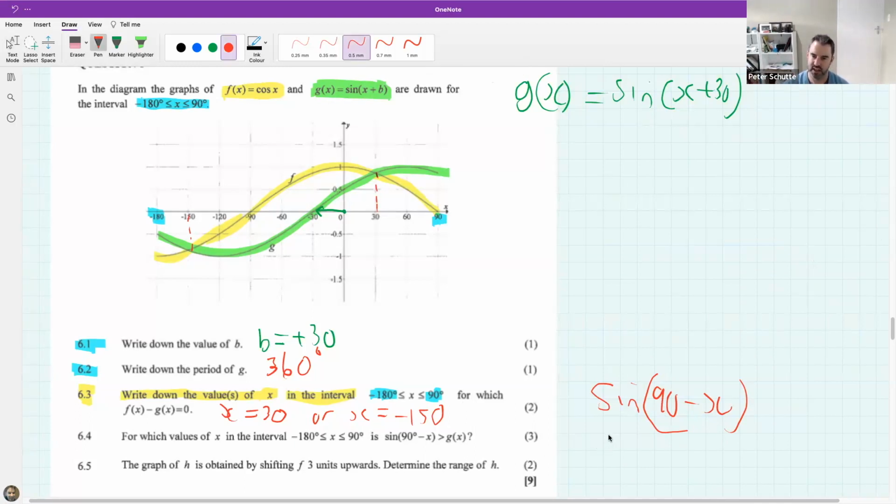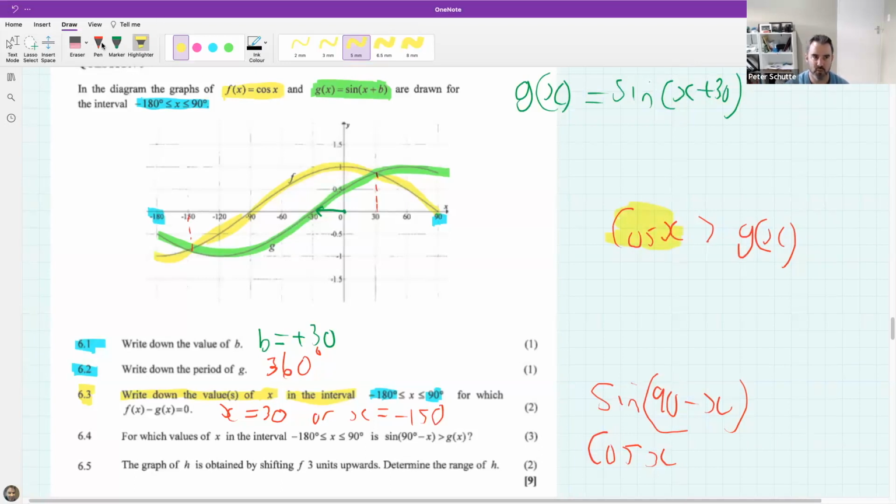I think this is a co-ratio that can be written as the cos of x. And oh my goodness, if I'm saying when is the cos of x greater than g of x, that seems a lot simpler, because the cos of x is actually just the graph of f that I mentioned earlier.